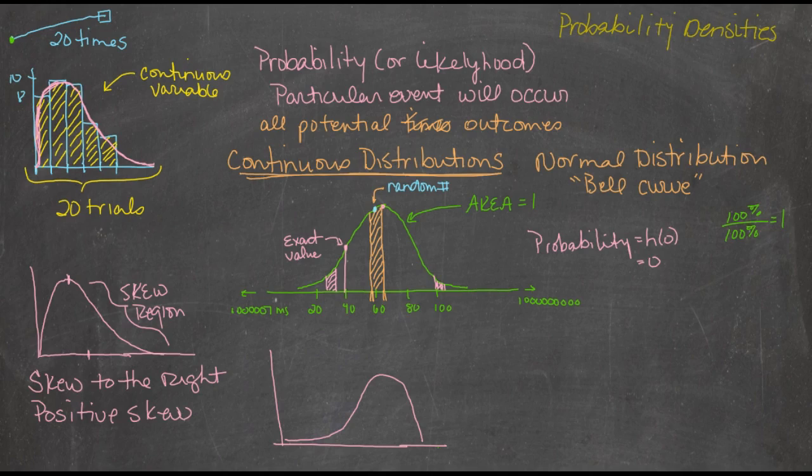So one last variation on a normal curve. It's kind of a fun one. I'm going to sketch in the histogram for it. So we have this data. There you go.